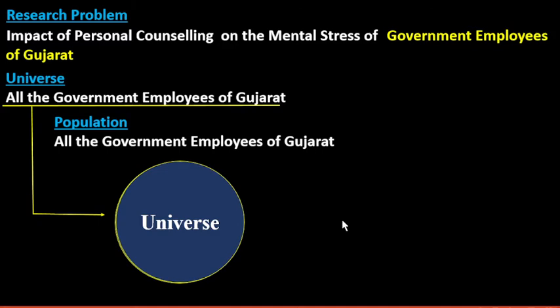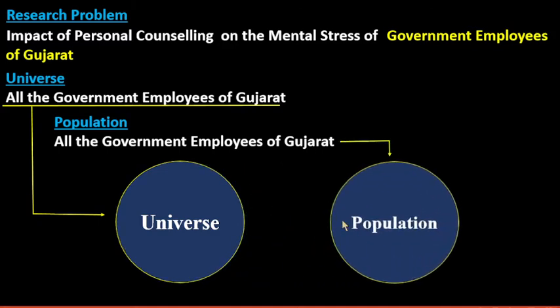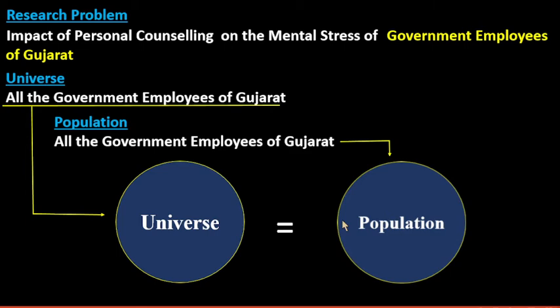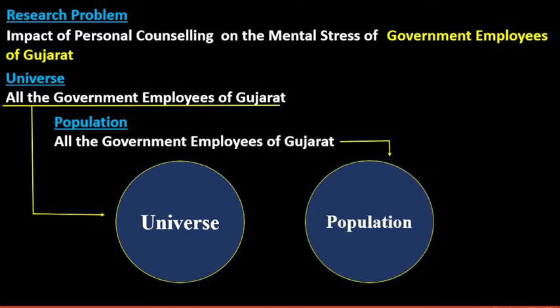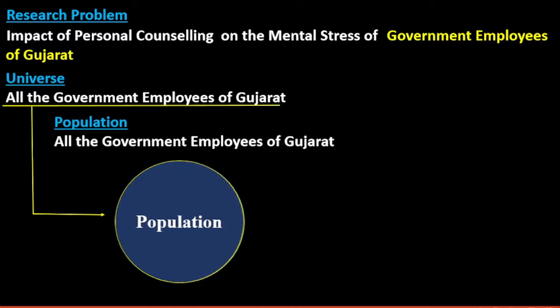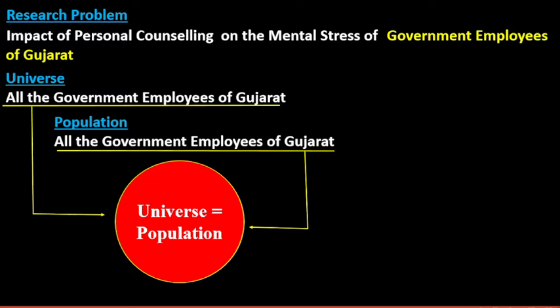So the findings will be applied to all government employees working in Gujarat. In this case the universe will be the population, and universe and population will be equal. It may happen. It depends upon from whom the data are to be collected and on whom the findings are to be generalized.